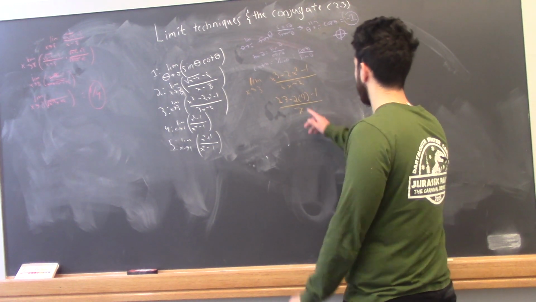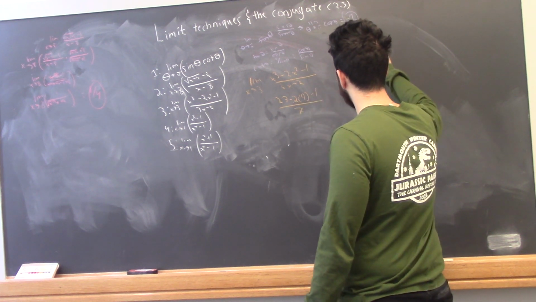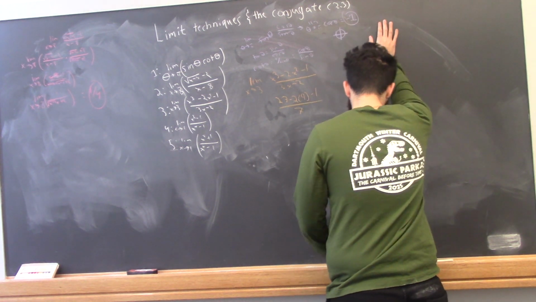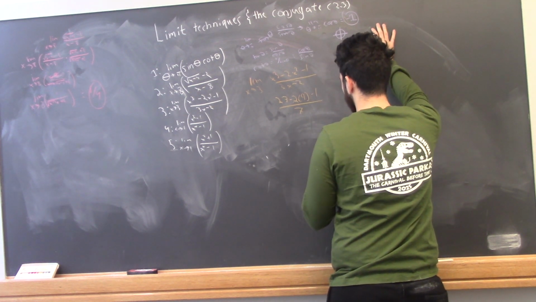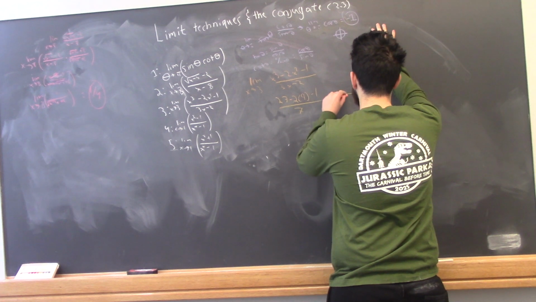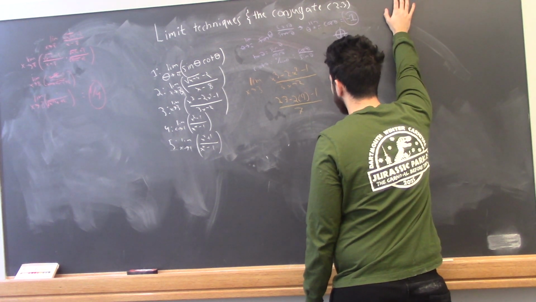So 18 minus 1 is going to be negative 19. So you get 27 minus 19 over 7. I don't think this is going to simplify, but it'll be a nice fraction at least.